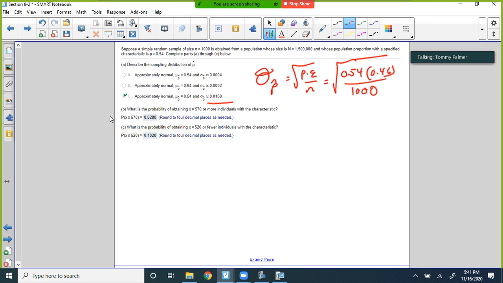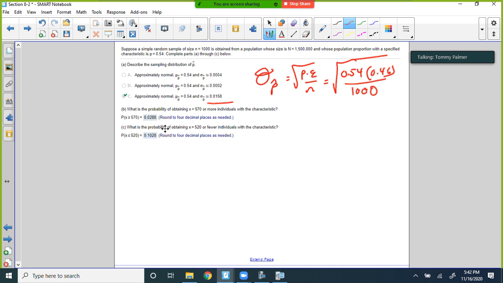All right. So we found at least our two things that we need to go to work on, right? Now they just got to either give me an X value or a proportion of it, right? So what is the probability of obtaining 570 or more individuals with this characteristic? So how do we figure that out?